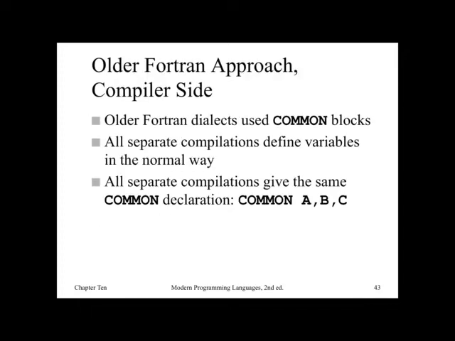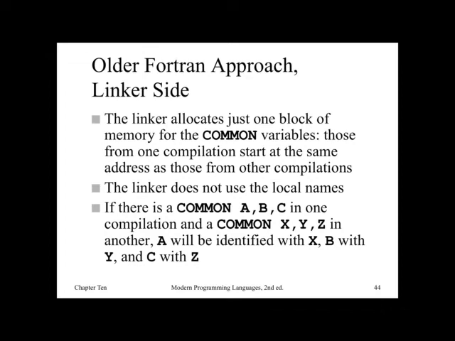Here's another approach in ancient Fortran. There's this notion of a common block. When I say there's a common block, I'm laying out variables that I want everybody who also uses the keyword common to be able to use. What's interesting is that the common block starts at the same location, so the linker creates one block of memory for the common variables.